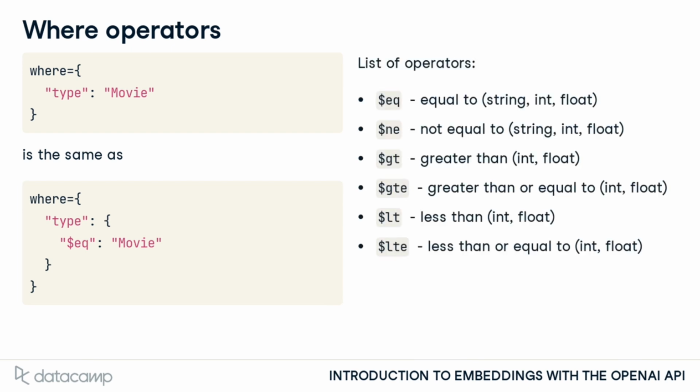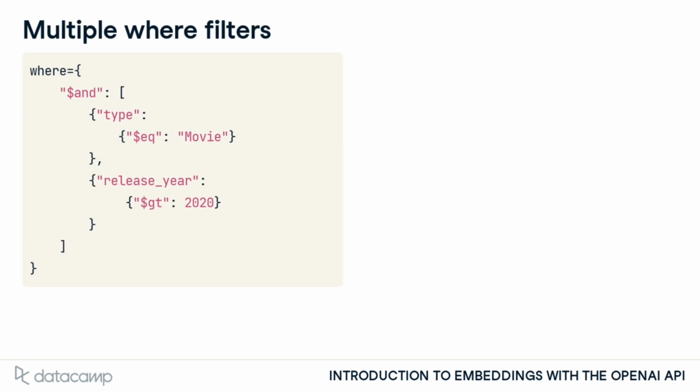There are a few operators we can use to support different comparisons, including greater than, less than, and not equal to. Finally, where filters can be combined with logical operators. In our case, we want titles of type movie and released after a certain year.